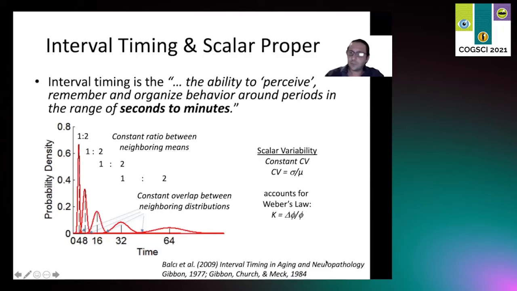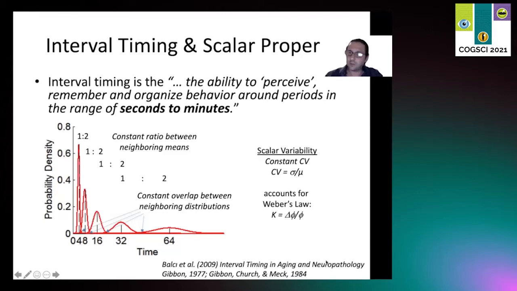Scalar property dictates that the standard deviation of time responses is a constant proportion of the mean of the time responses for different target intervals within individuals. In other words, the coefficient of variation of the time responses is constant for different target intervals within individuals.